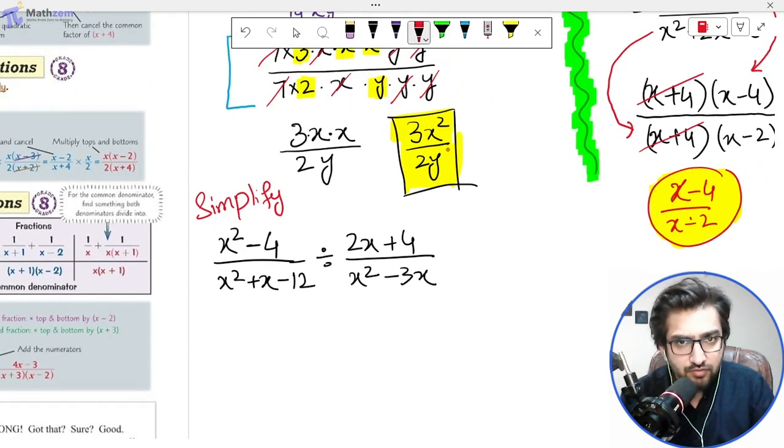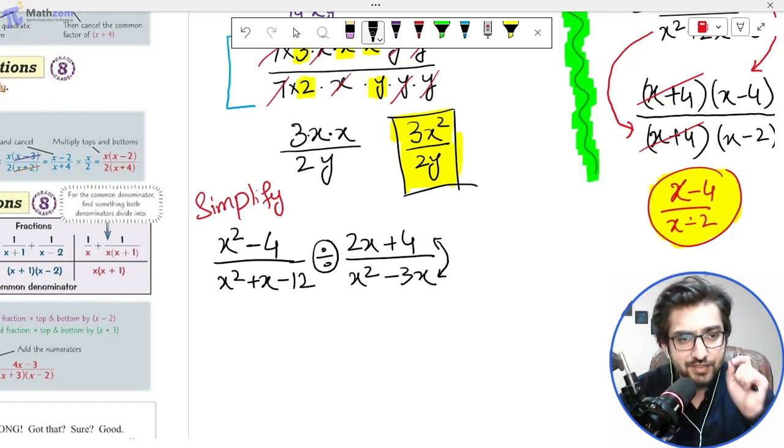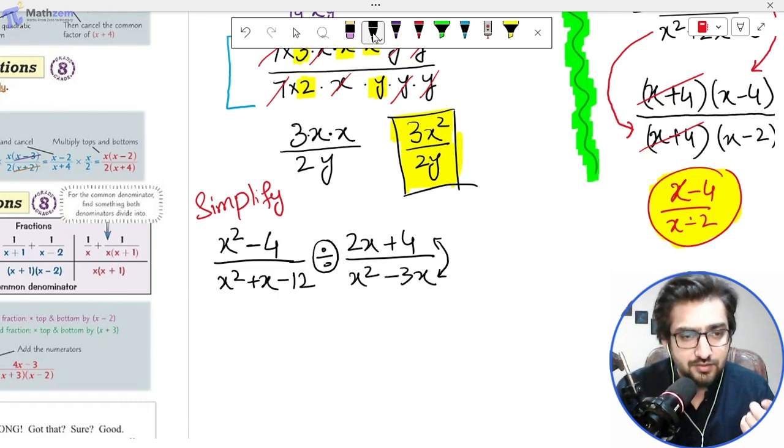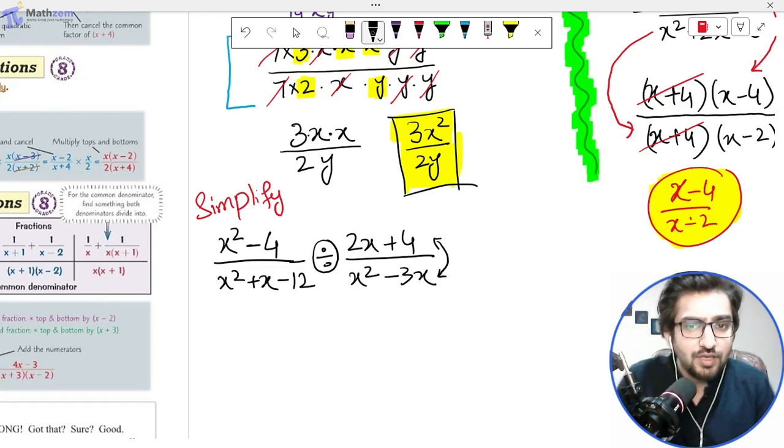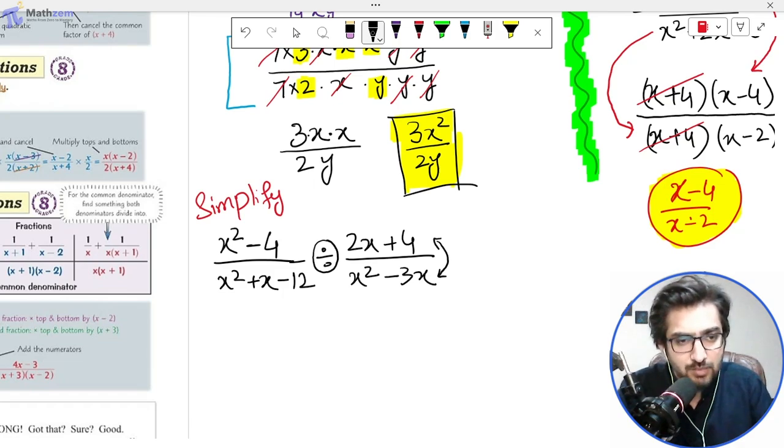All right, the first step here is to convert this division form into multiplication form. How is that possible? I will just flip the fraction on the right side: take the numerator to the denominator and the denominator to the numerator. Then you can convert the division sign into a multiplication sign.